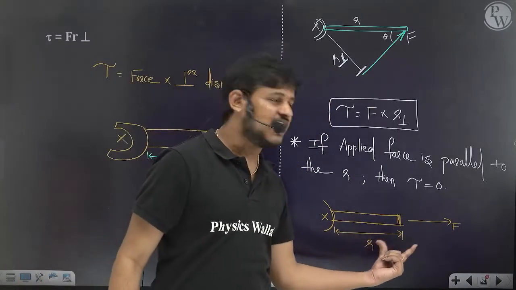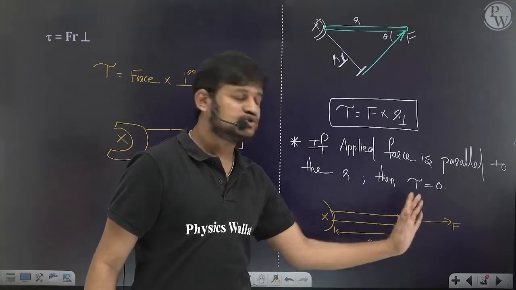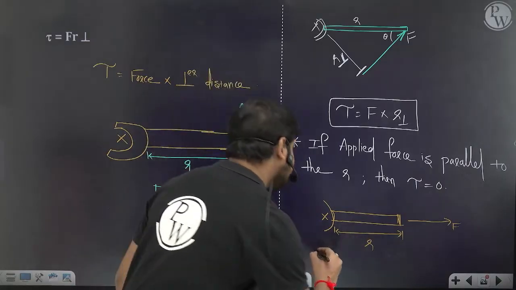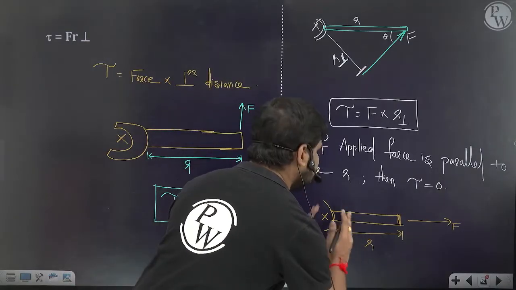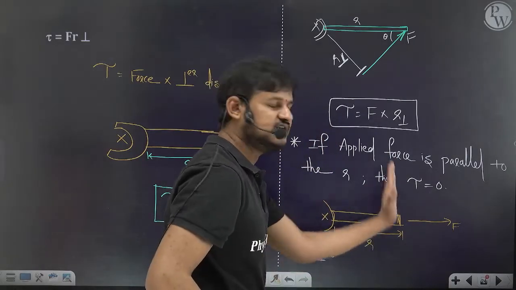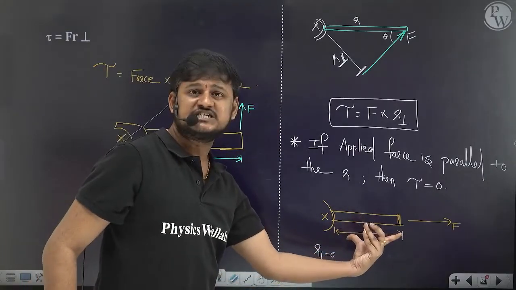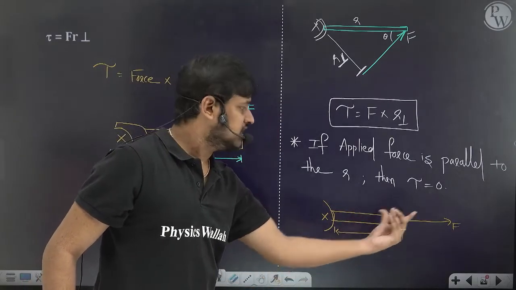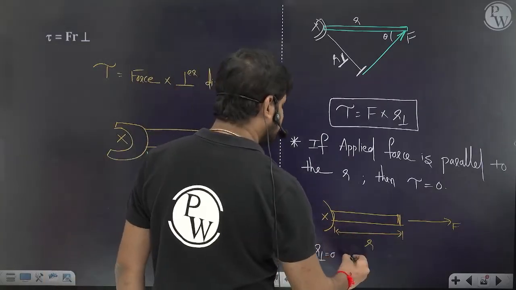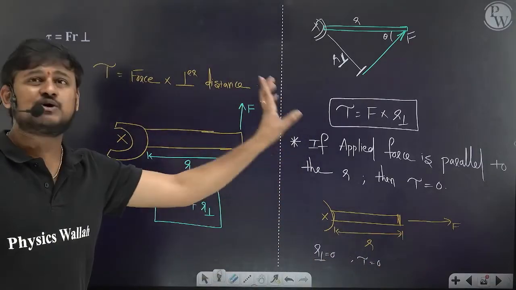So r perpendicular is 0 here; there is no perpendicular distance, only this distance is there. Understanding, guys? So F into r perpendicular, where r perpendicular is 0, so the torque will be 0 in this case. This is the first important point.